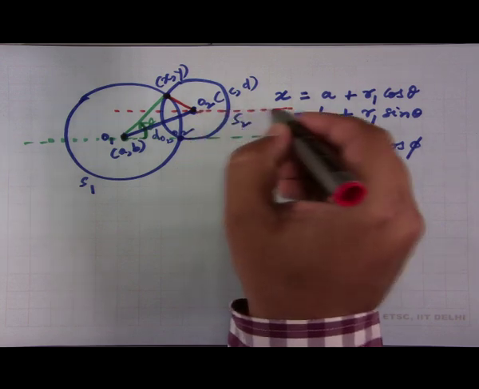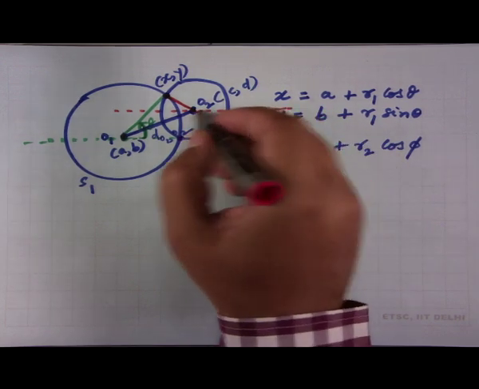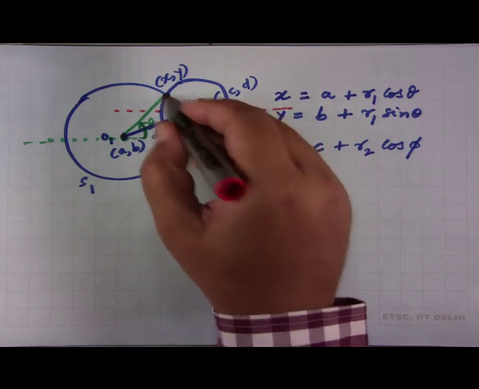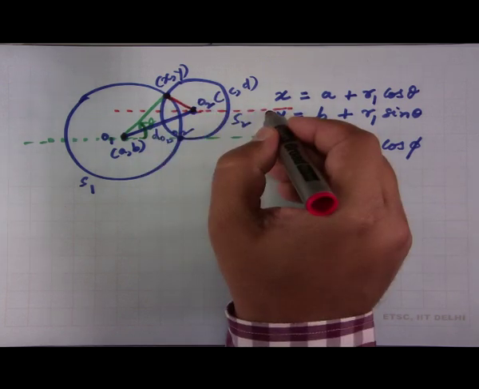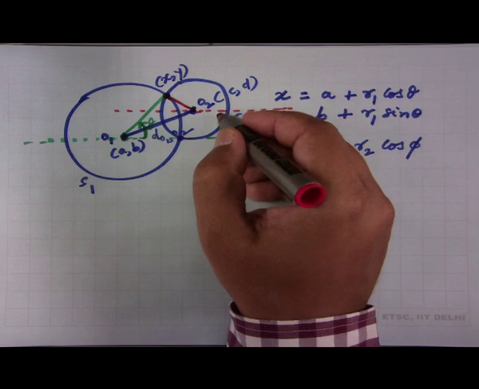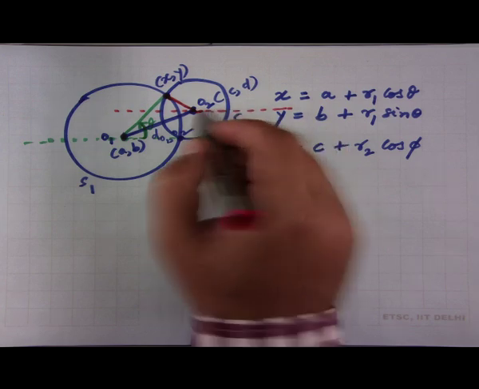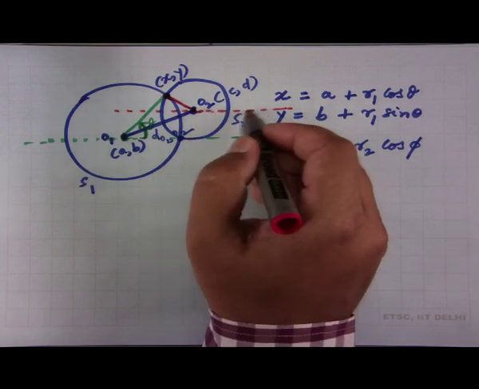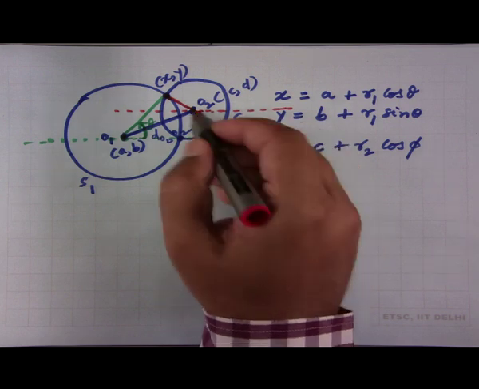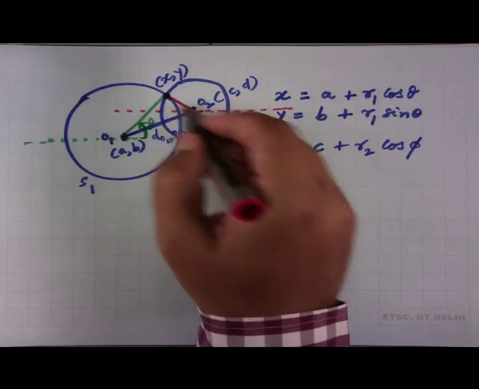We have to see by what angle this horizontal x axis should be rotated in the anti-clockwise direction so that it coincides with this radius.